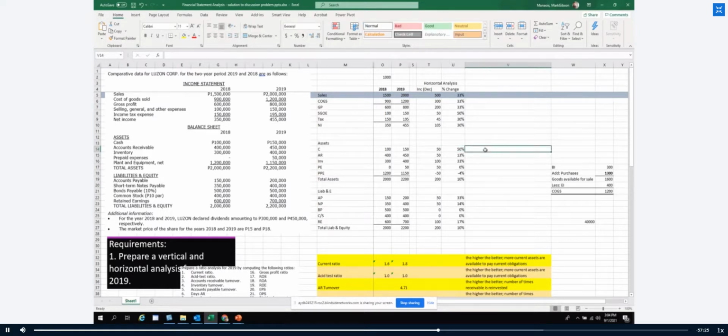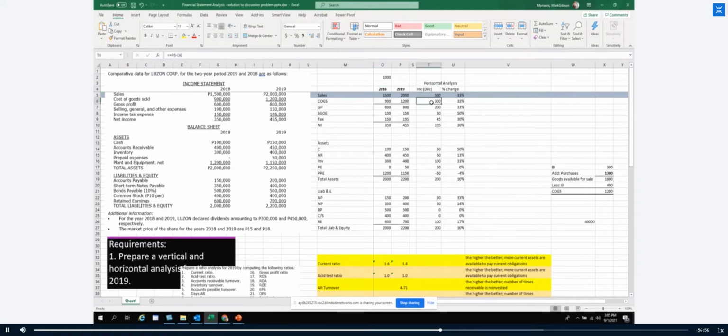So if you're using your calculator, you simply deduct the current year, so 2019 in this case is your current year, less your prior year. So that's how you calculate for your increase or decrease. Take note, class. Don't be confused what's your current year and your prior year, because it will have an impact in terms of the increase and decrease.